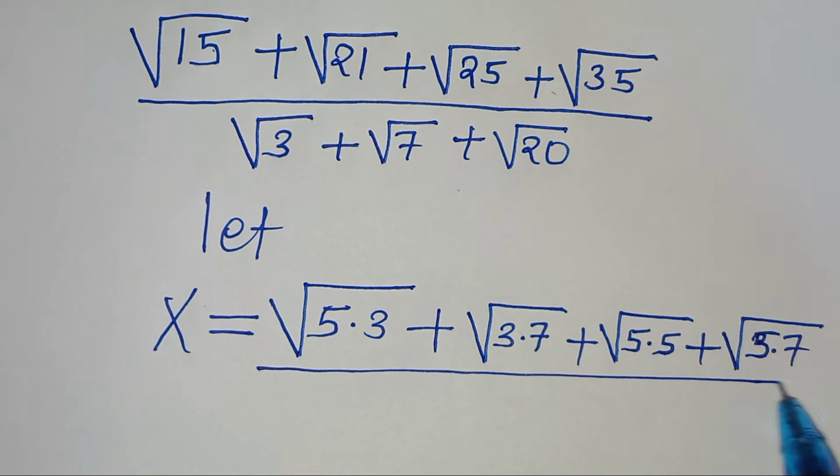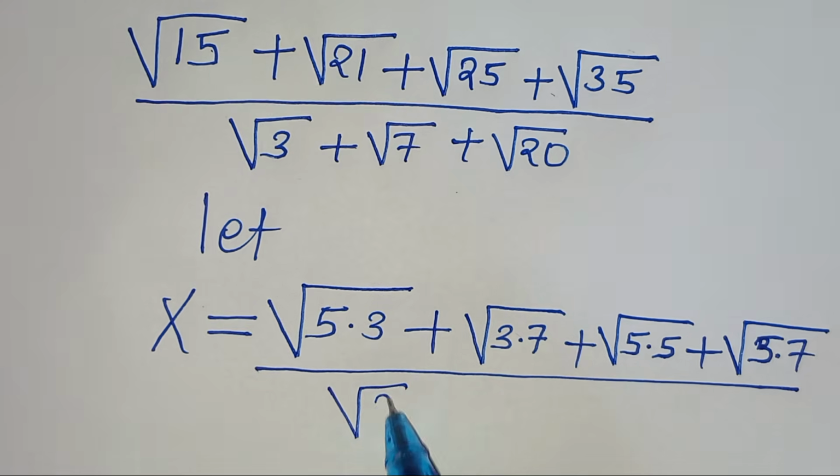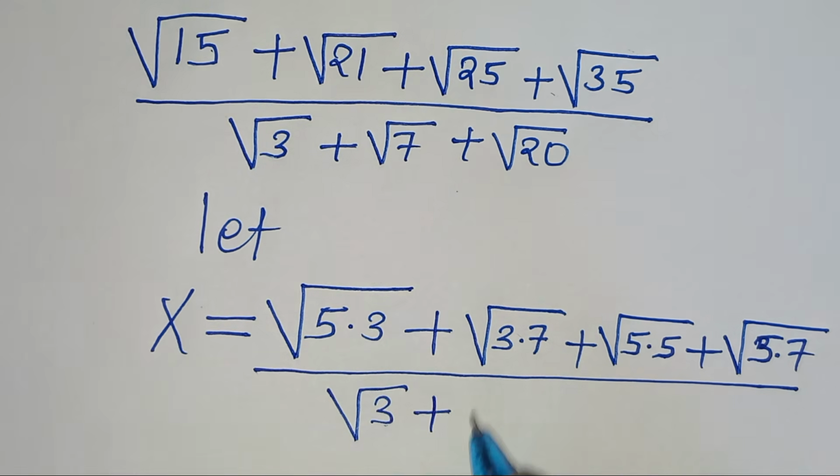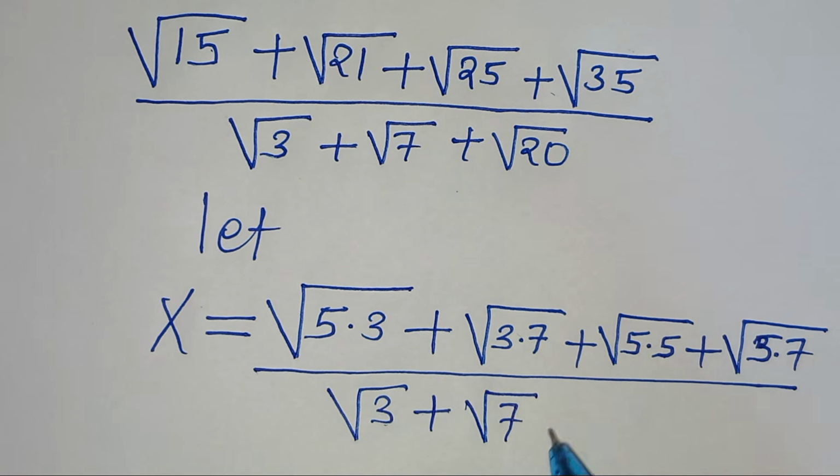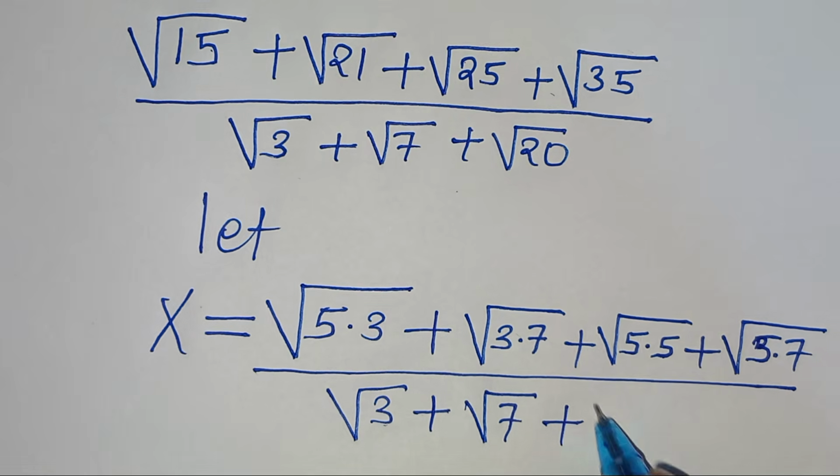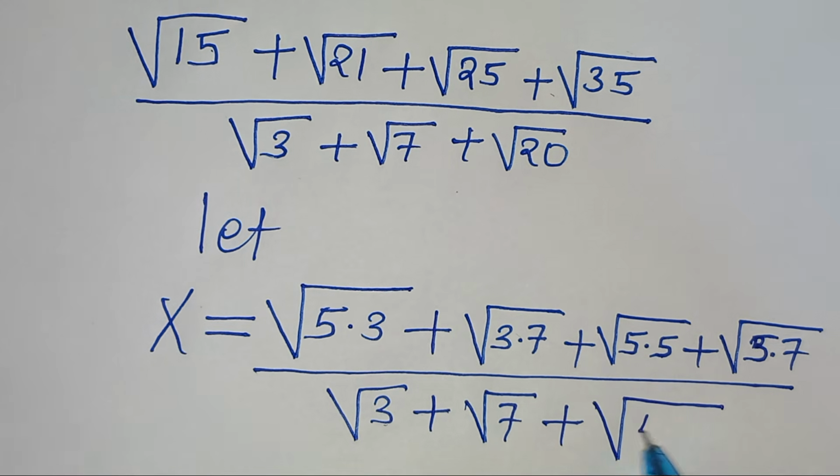This is divided by the square root of 3 plus the square root of 7, plus the square root of 20, which we can express as the square root of 4 multiplied by 5.